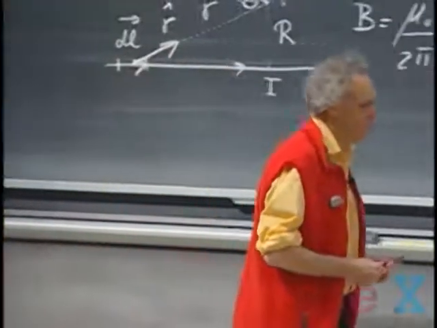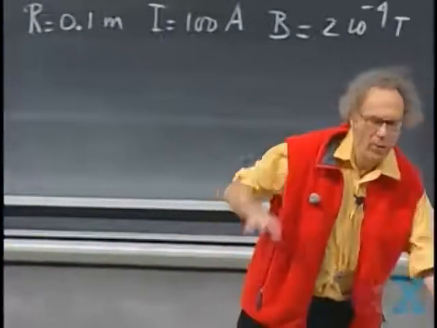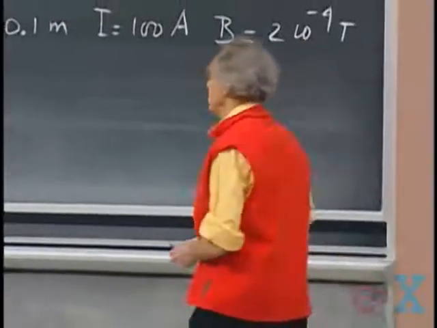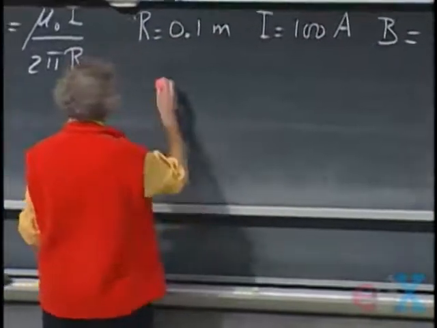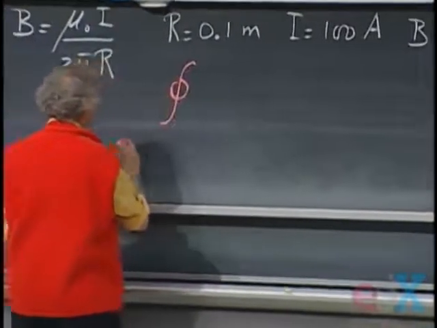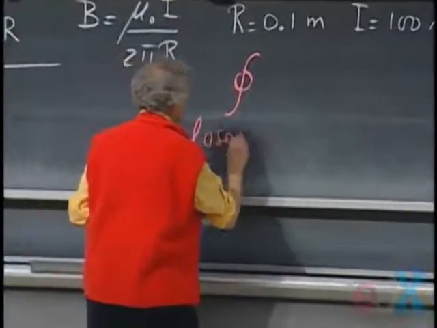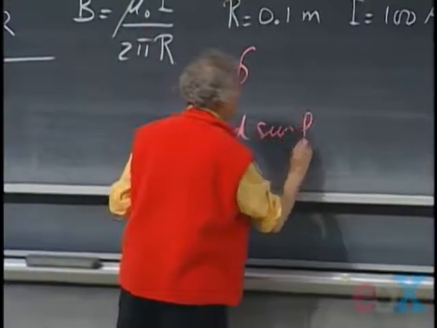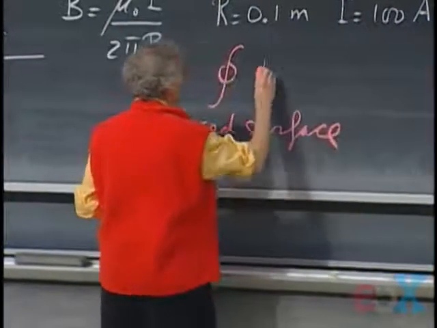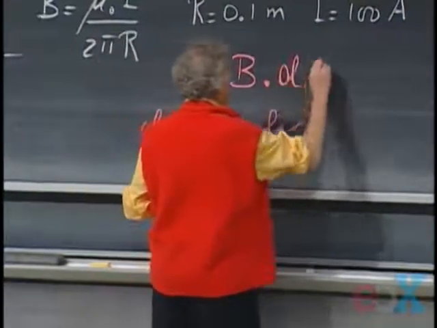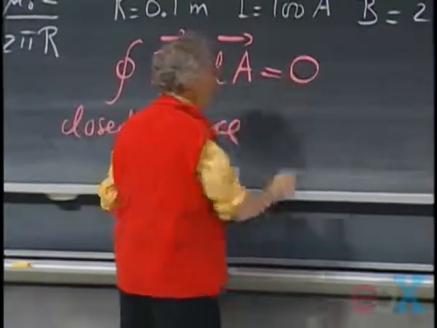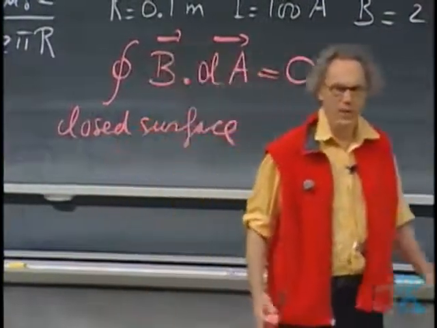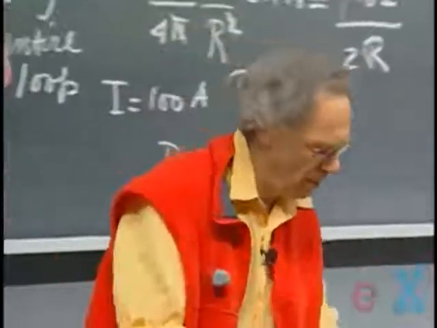And this now brings us to the second of 4 Maxwell's equations. The first one being Gauss' law. The second one is that the closed surface integral of B dot dA is always zero, unless you come with a magnetic monopole.